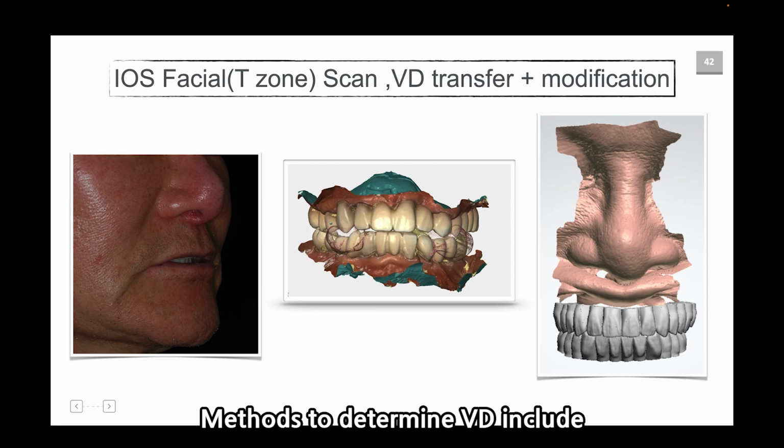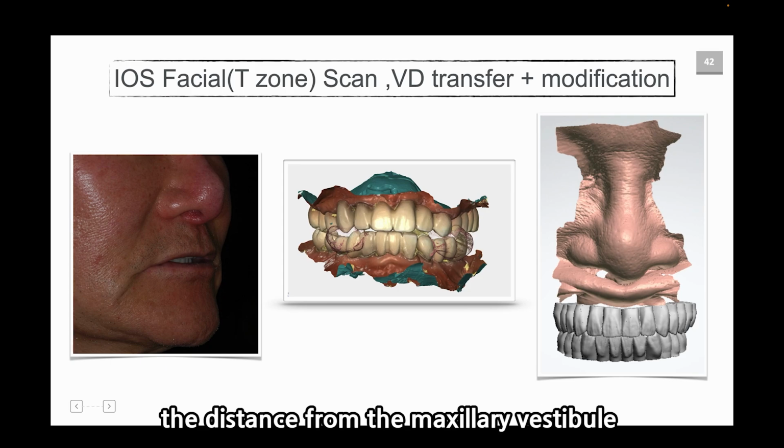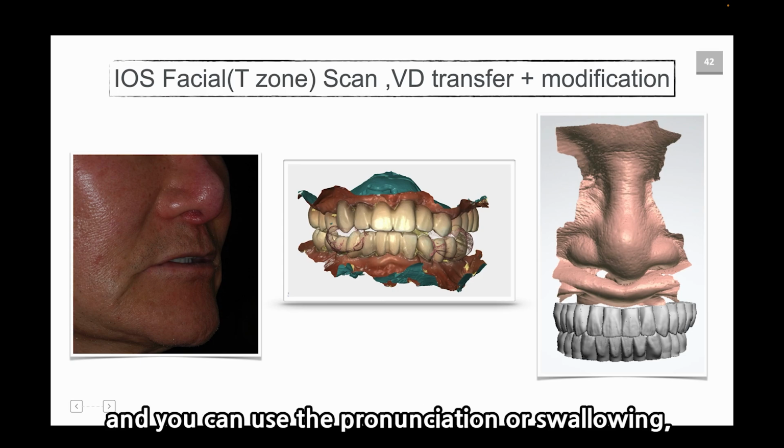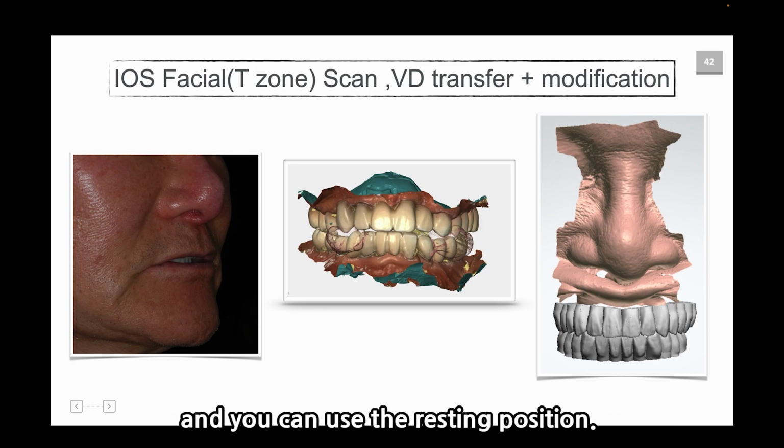Methods to determine VD include the distance from the maxillary vestibule to the mandibular vestibule. Then you can use facial ratios, you can use pronunciation or swallowing, and you can use the resting position.